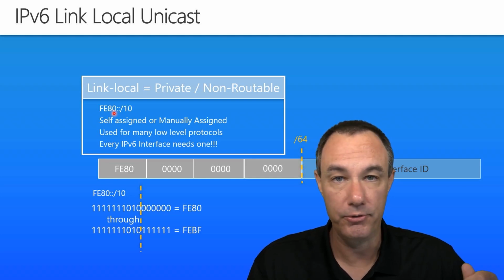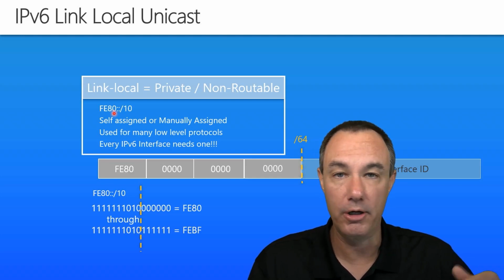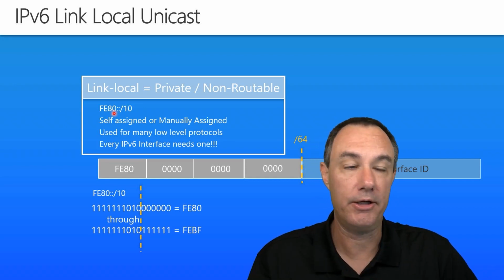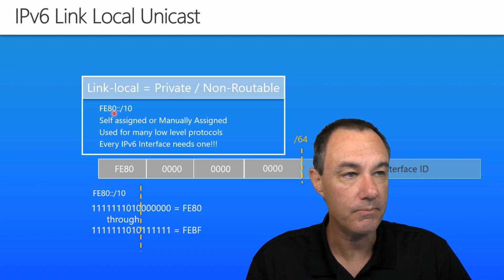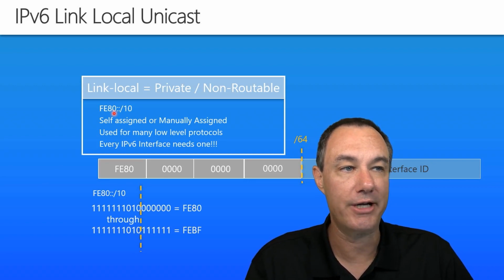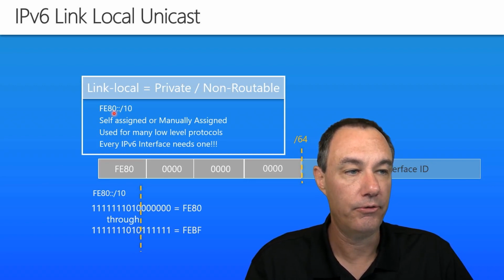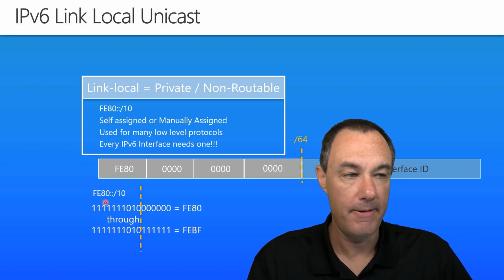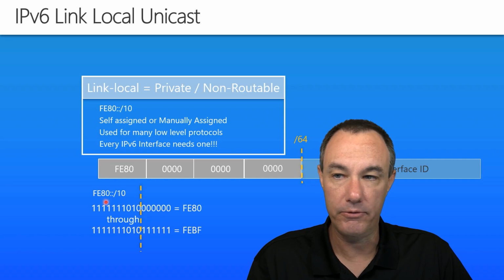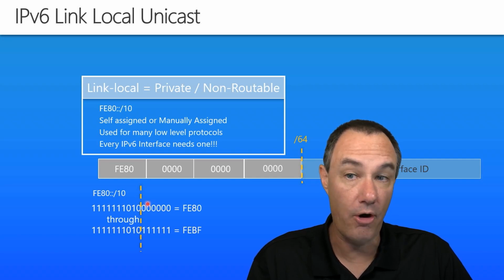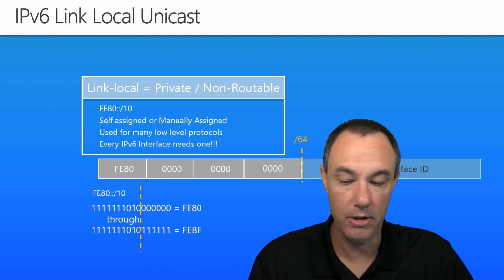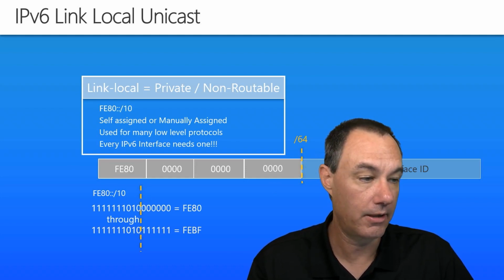So you're going to see it used by dynamic routing protocols and the fundamental communication that helps us get our traffic from one place to another. This is generally just plugged in. We start off with FE80, and then we address ourselves. And if you have IPv6 on for your workstation, you are probably running that address.